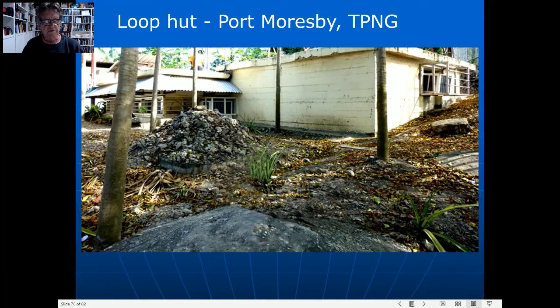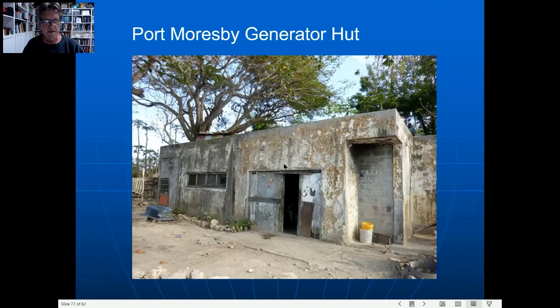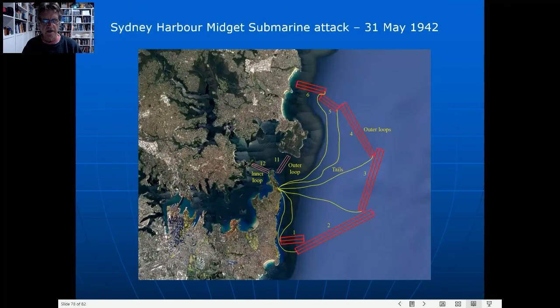You can see it's fairly low down, but there's enough height to be able to see over the harbour and Fairfax Harbour, and people actually lived in it for a long while. Here they are. This is people who have set up home in one of the huts related to the loop station. That's a generator hut.